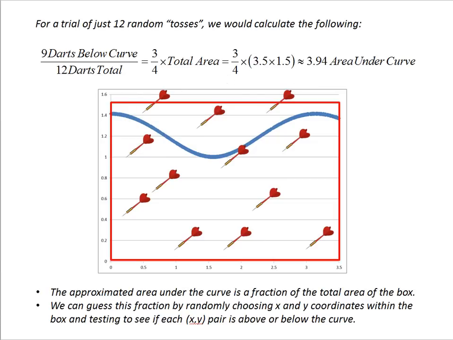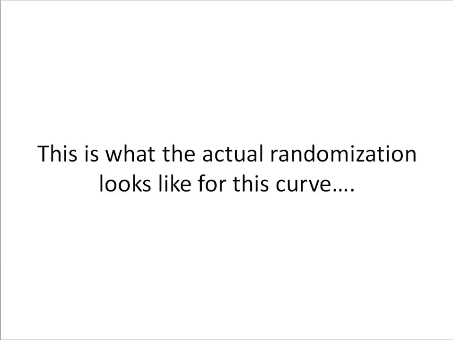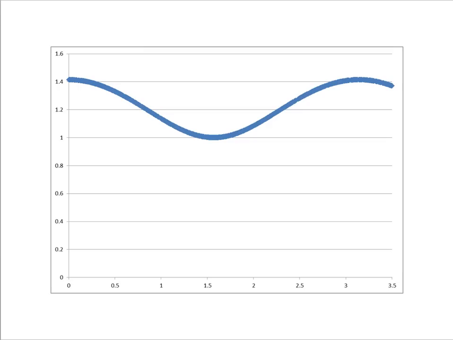So obviously when we do this in a computing environment like Excel or MATLAB or whatever, we don't actually have darts. So what this looks like when I plot various steps of the randomization is this. Here's the function with no random picks, just the regular function plotted on the bounds that I'm concerned about.